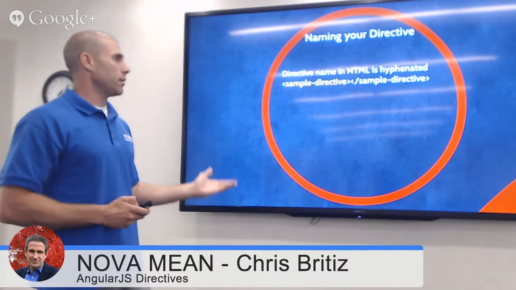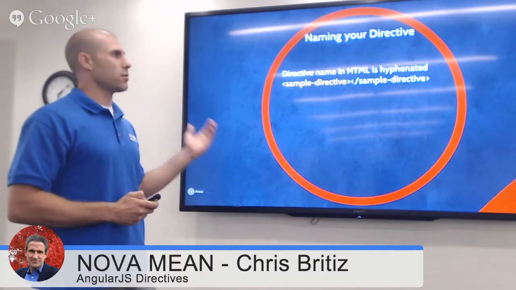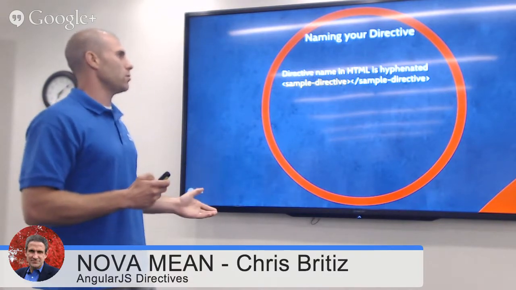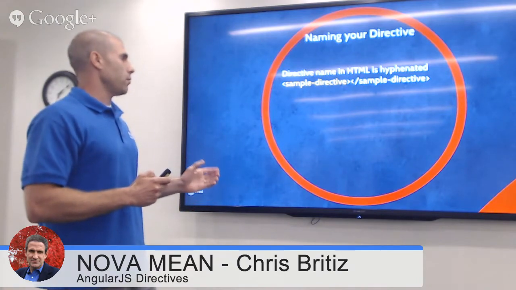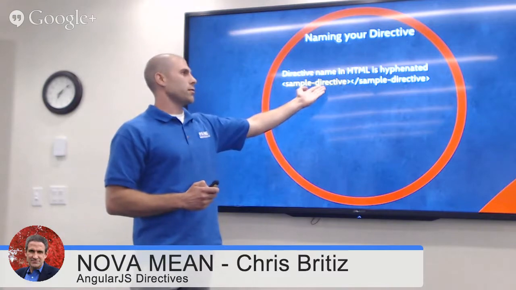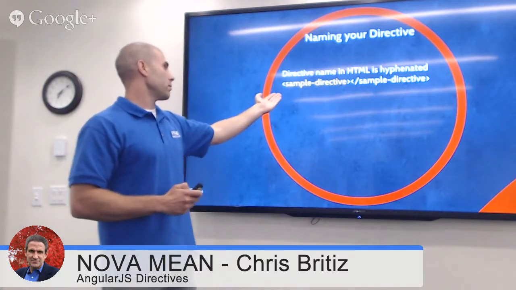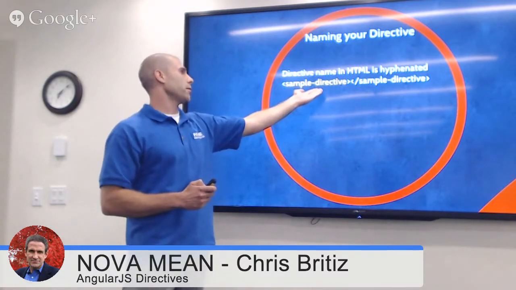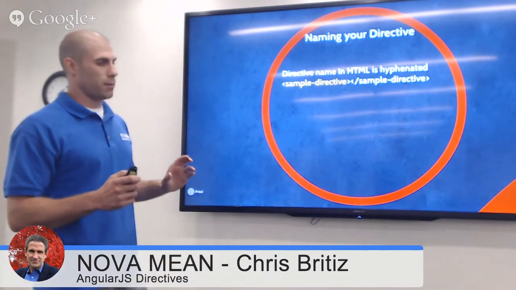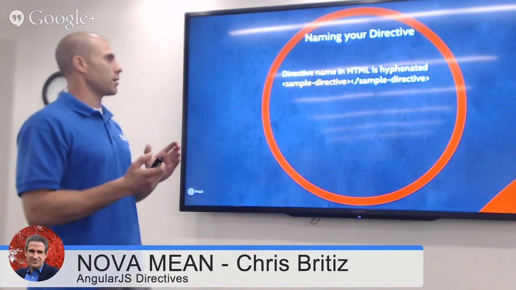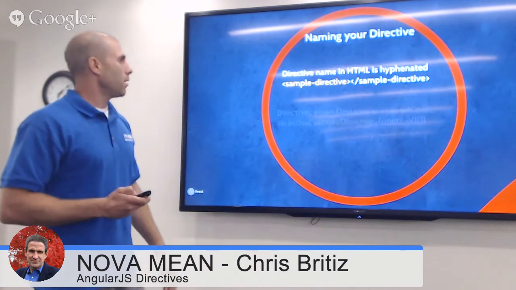So, starting with naming your directive. HTML is case-insensitive, and for some reason Angular doesn't like it when you add camel case to this HTML right here. Say this is my directive, sample directive. It's an element, and it's going to call my directive definition object to inject whatever my directive is.